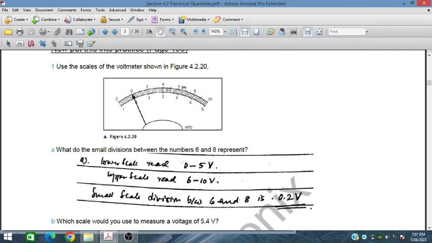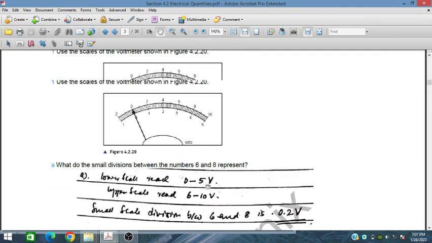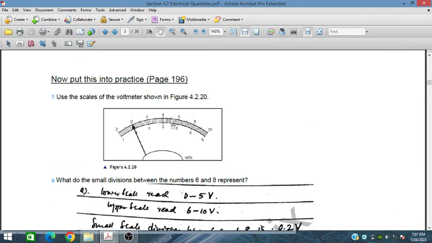The difference between 6 and 8 is 2, divided by 10 is 0.2. That's why it is 0.2. For this other scale we have 0.1, because from 3 to 4 the difference is 1 and there are 10 divisions, so that is 0.1. So 5.4 will be measured here, because on selecting the upper scale the reading starts from 5 onward.